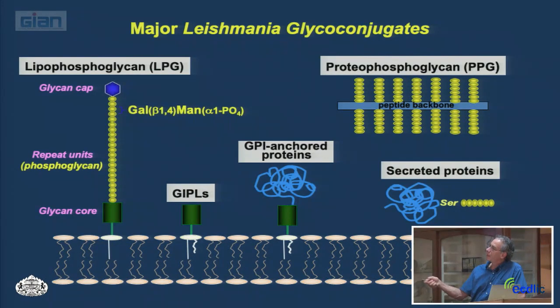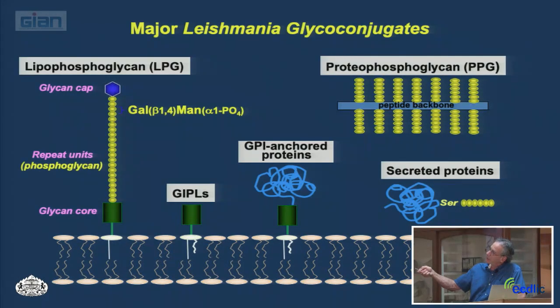So this repeat structure that is found in these different surface-anchored and released molecules, the basic structure is a phosphorylated disaccharide containing a galactose in a beta-1,4 linkage with mannose.